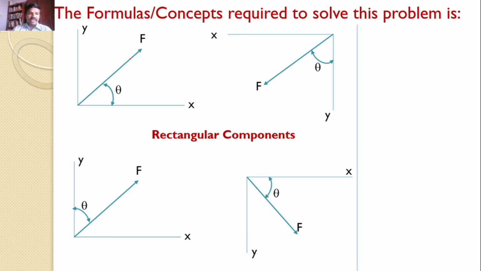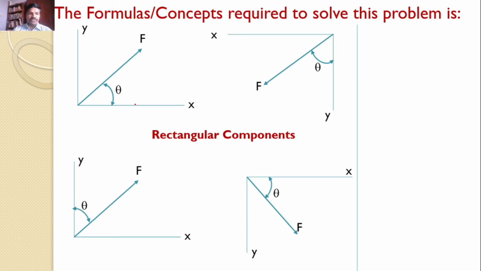First consider this force. Let this force F make an angle theta with the horizontal. You can resolve this force into two components. One force is along the x-axis, another force is along the y-axis. The angle between this x and y-axis is 90 degrees, hence I can say it is rectangular components.